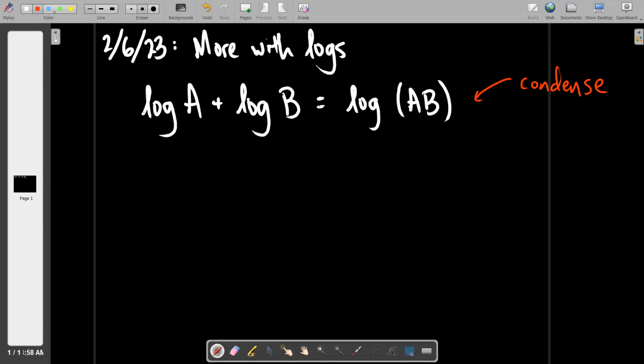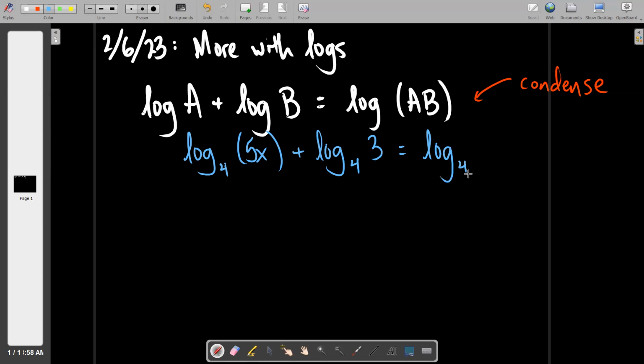So for example, if I had log base 4 of 5x, and I added to that another log base 4 of, say, 3, if I condensed those, I would condense into another log with a base of 4.